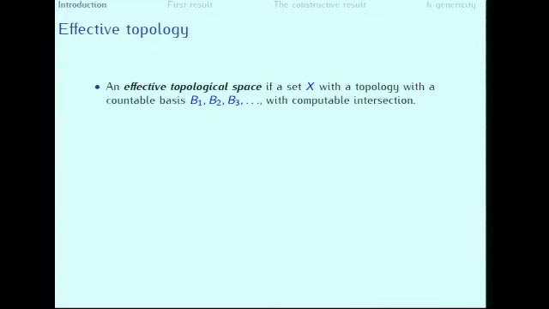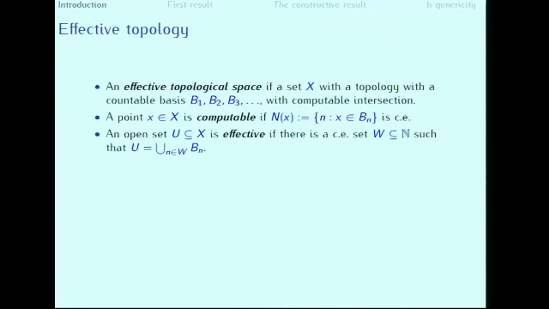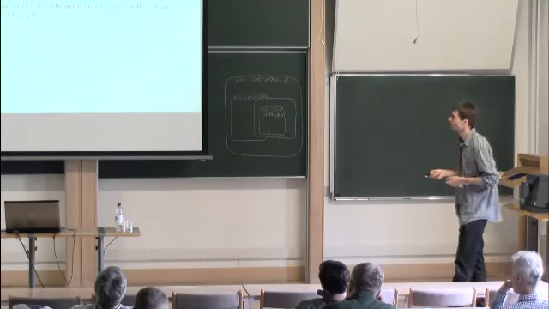Okay, so now let's enter into the main subject. Just one slide of basic definitions from computable analysis. We will work on effective topological spaces, which are roughly topological spaces with a countable basis. A point is computable if you can enumerate its neighborhoods. An open set is effective if you can enumerate it as a union of balls.